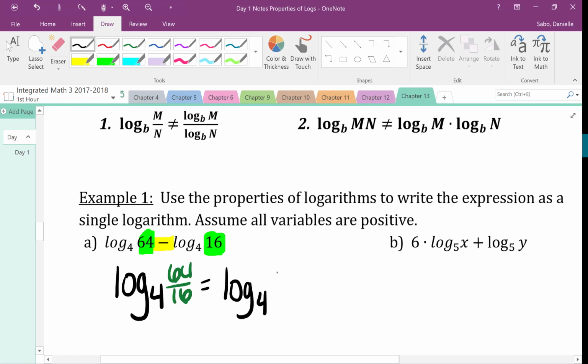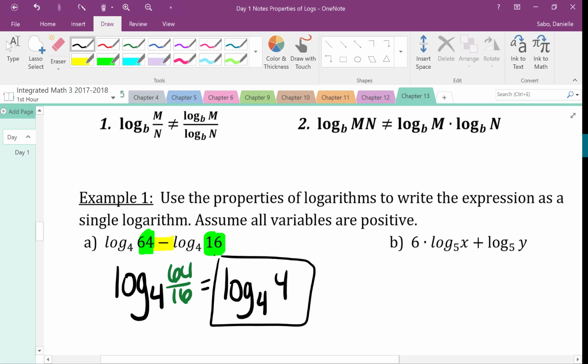So I have log base 4 of 4 as my final answer. And now you can actually answer it. If I was asking you to simplify, which you don't have to, it does not ask you to find the answer to the problem, but we could, 4 to the 1 power gets me 4. So 1. And this is why it might be useful, because then if you did have a calculator, you'd now be able to do that without one.